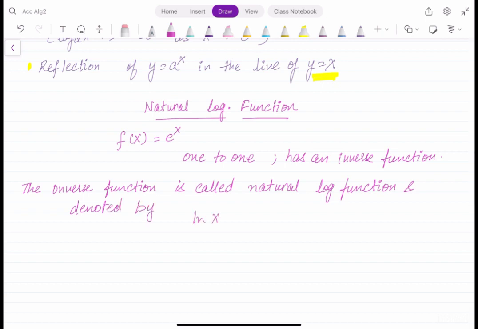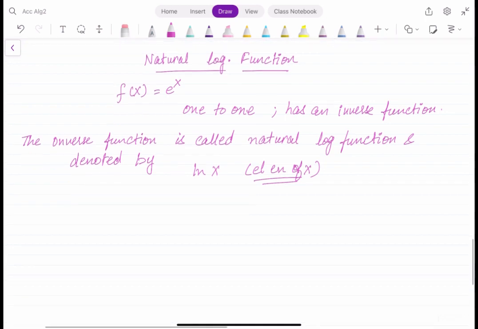So it is denoted by ln x. It is not read as "in"; it is read as "el n of x". ln x, ln of x. So basically, f of x is equal to log base e of x, which is nothing but ln of x, where x is greater than 0.